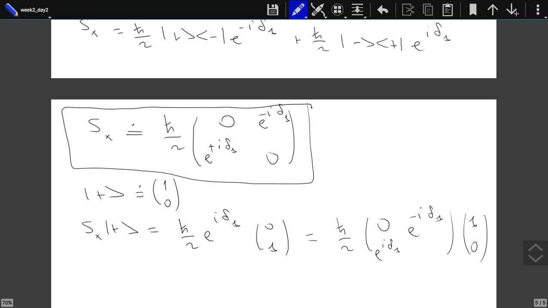If you are using a right-handed system, which we will use, your y axis is uniquely determined by your x and z axes. So on Monday we will see that we already know our Sx eigenkets, and we will try to look for the Sy eigenkets. Once we fix this delta 1, there shouldn't be any ambiguity in the Sy eigenkets. Yes, any last questions?